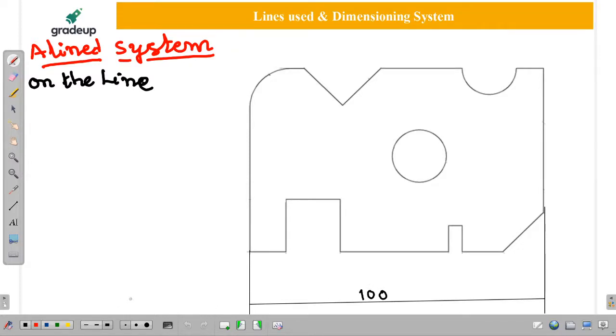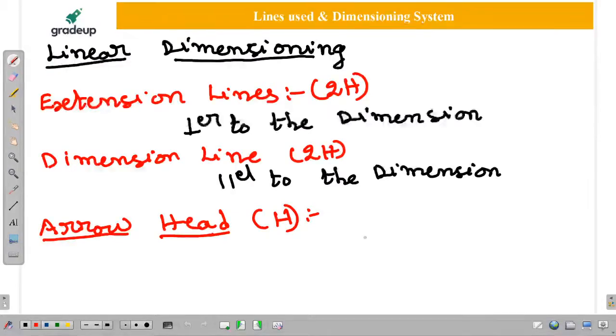How should the arrowhead be? What is the shape of the arrowhead? There are different shapes, sir. Some people may draw like this.